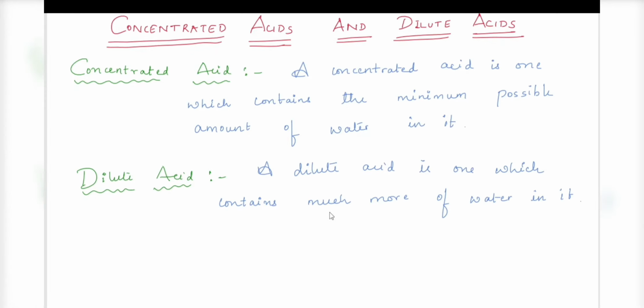The next category of acid depends upon the concentration of water in it. So we can categorize acids as concentrated acid and dilute acid. What is a concentrated acid? A concentrated acid is one which contains the minimum possible amount of water, a very small amount of water in it. So they are called concentrated acids.